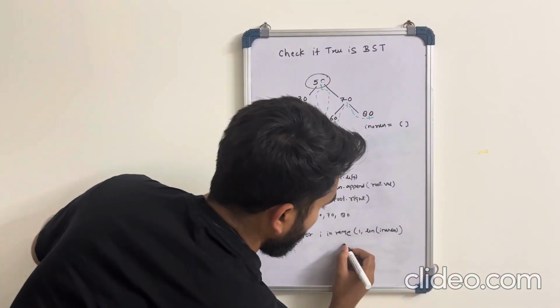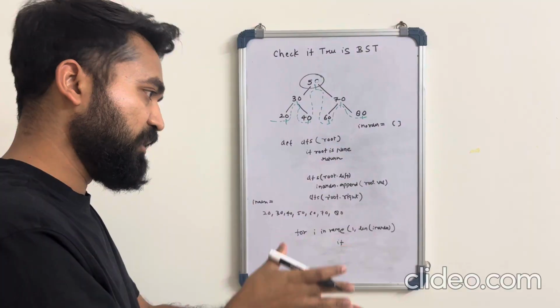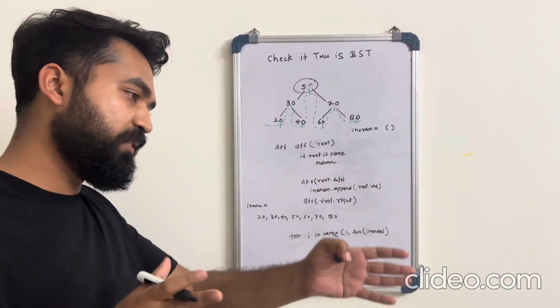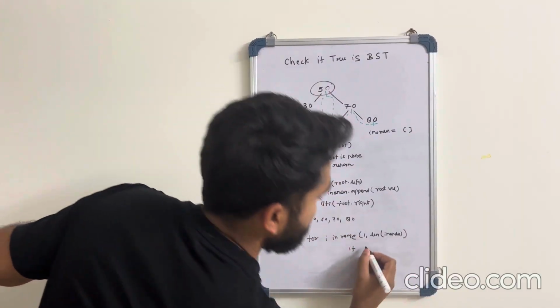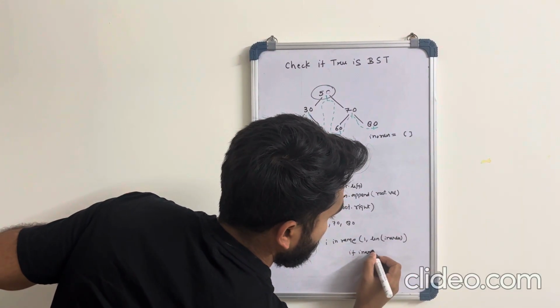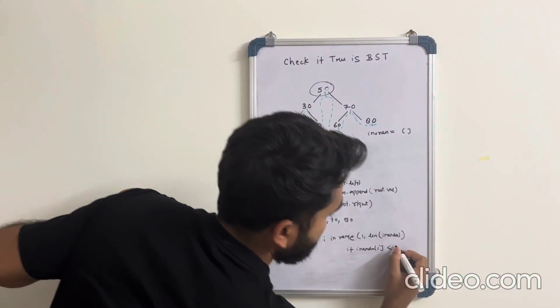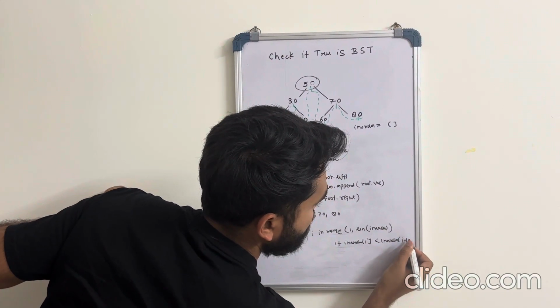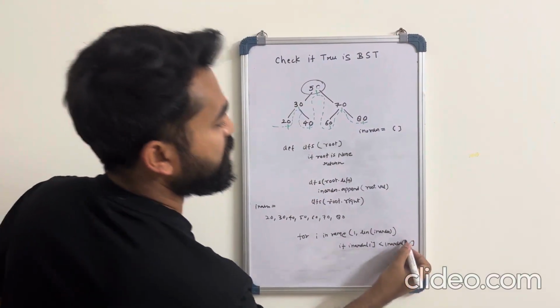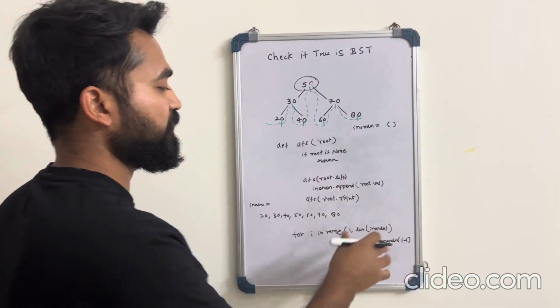Because for this condition check, we are comparing our current element value with our previous element value, and we are going to write this condition: in-order i is less than in-order i minus 1. Here we are doing minus 1, so if we start with 0, then it will throw an index out of bound exception. That's why we are starting with 1.